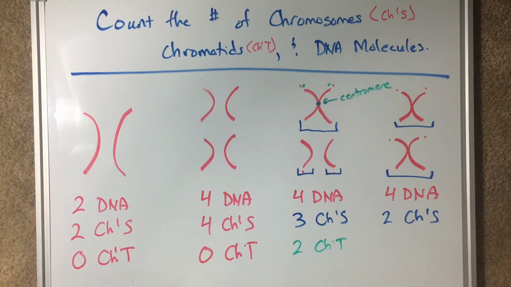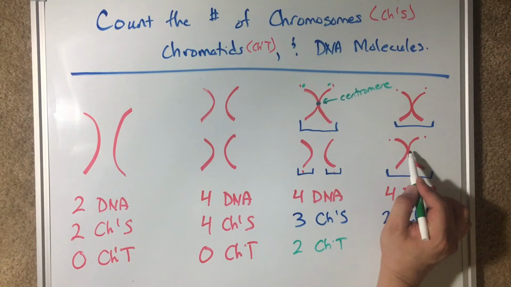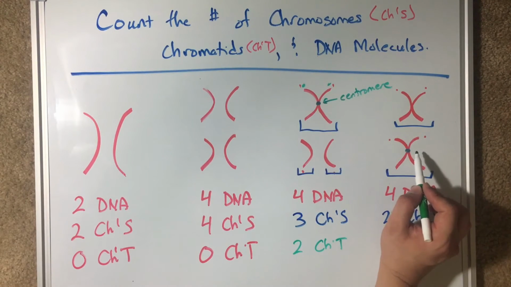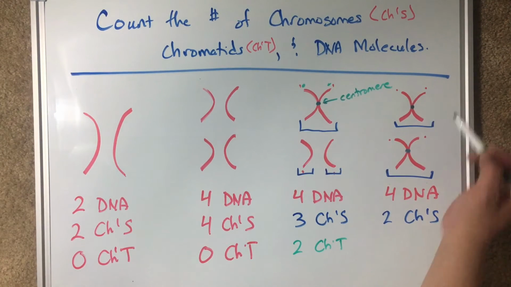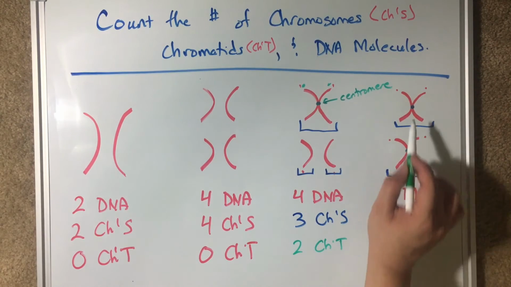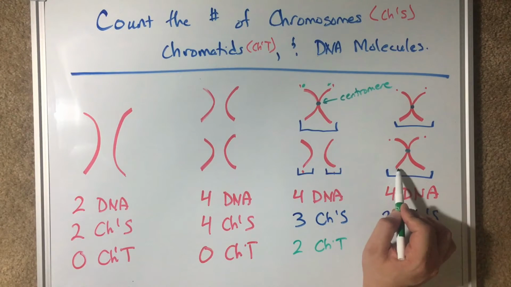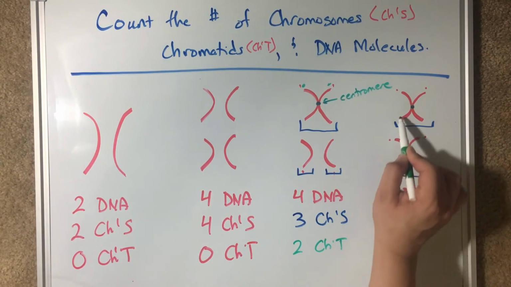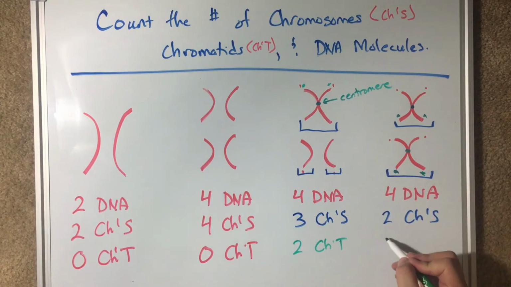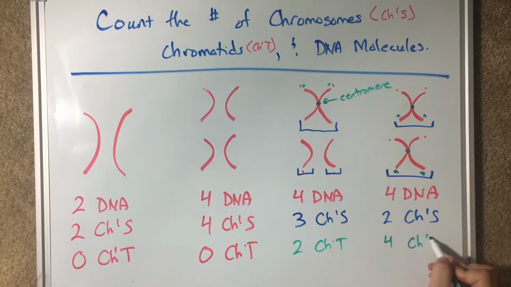And lastly, how many chromatids do we have? Chromatids are there when there's a centromere. There's a centromere here and here because they're connected together. So we have 1, 2, 3, 4 chromatids.